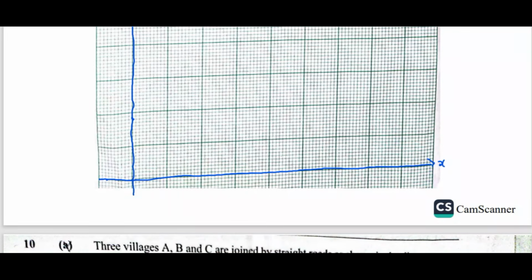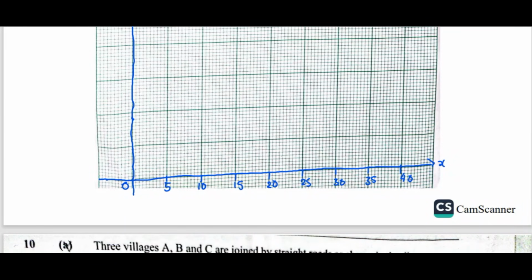So say if this is our 0, here we are going to have 5, since 2 centimeters represent 5. 5 plus 5, here we have 10. Then 15, 20, 25, 30, 35 here.